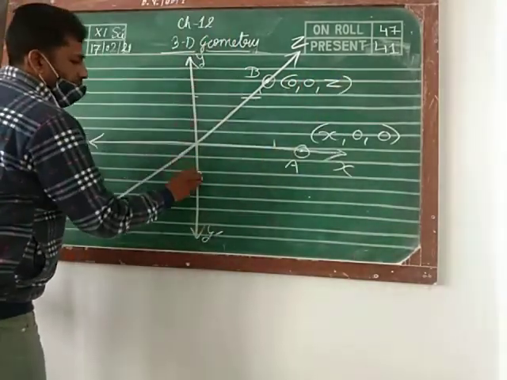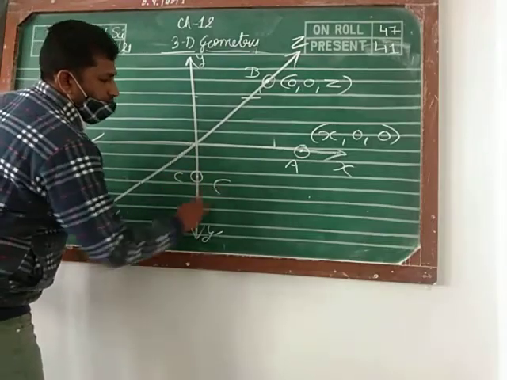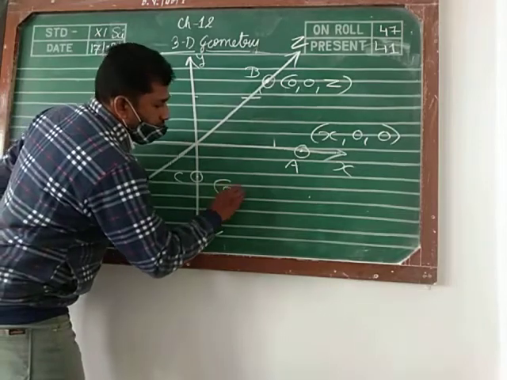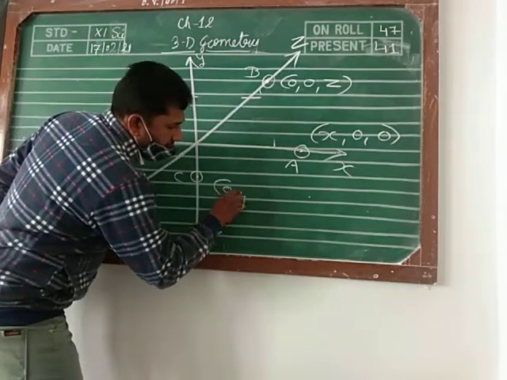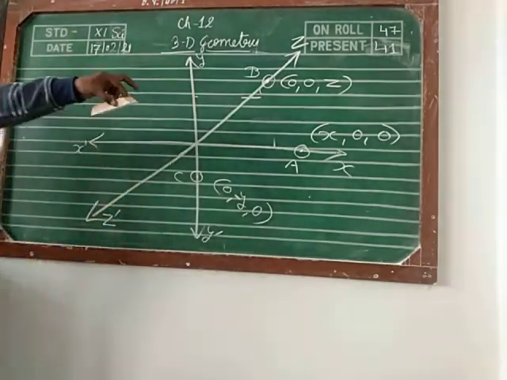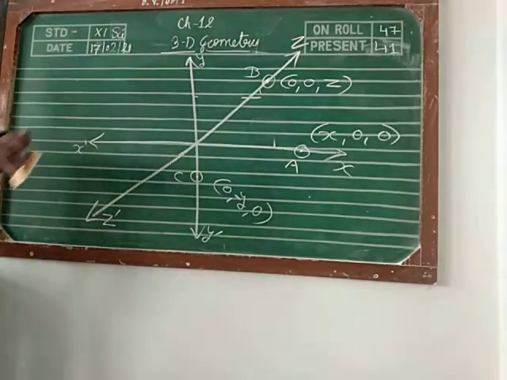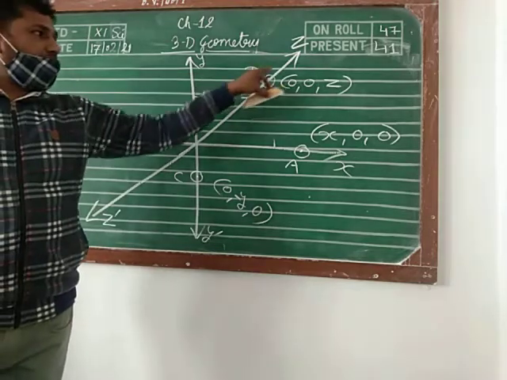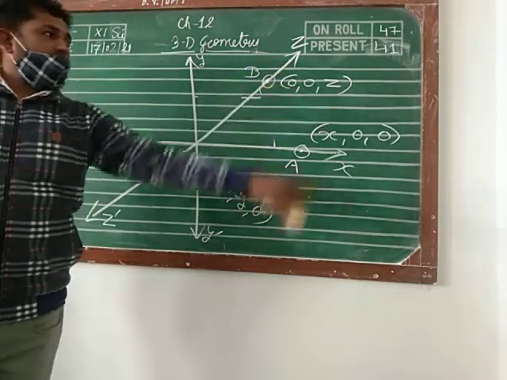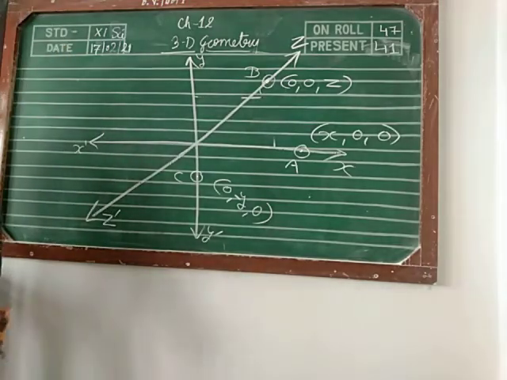And if you are taking any point on the y-axis, then the coordinate is (0, y, 0). It means if the point is on an axis, we get that value only, depending on which axis the point lies on, and the rest of the values are 0.